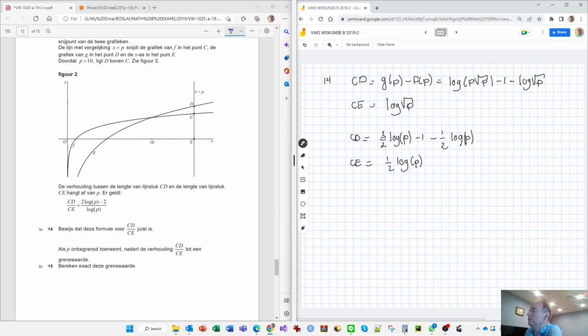And these two I can combine as this is 3 over 2 minus 1 over 2 is 1.